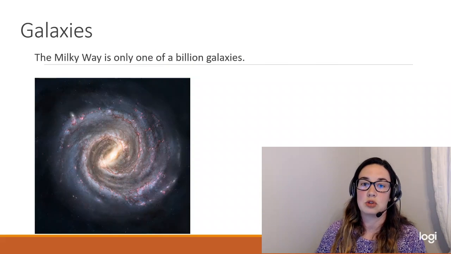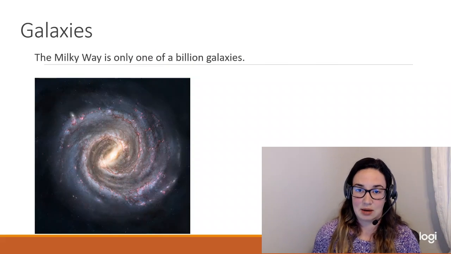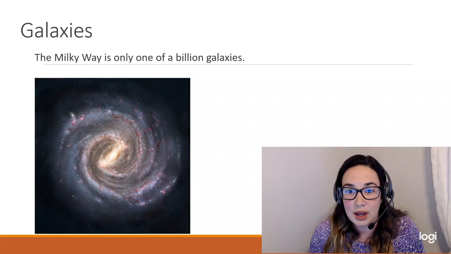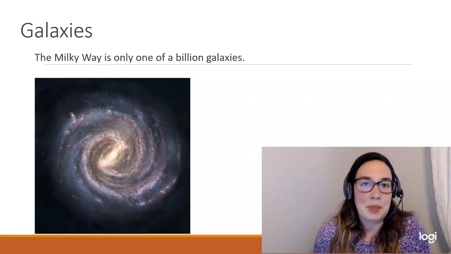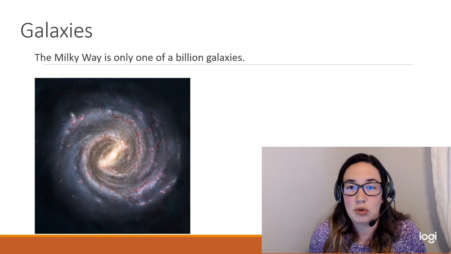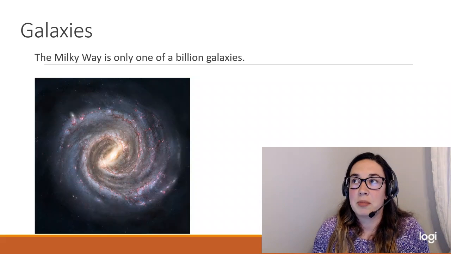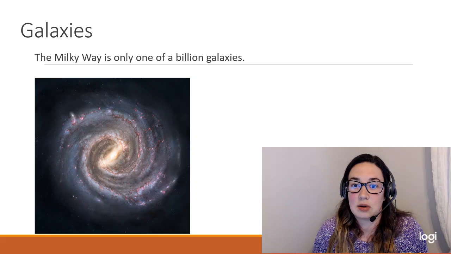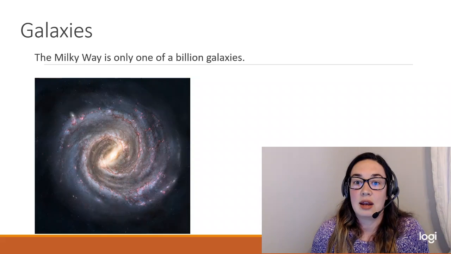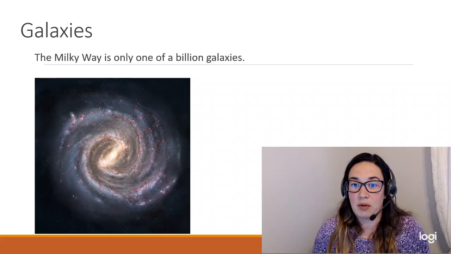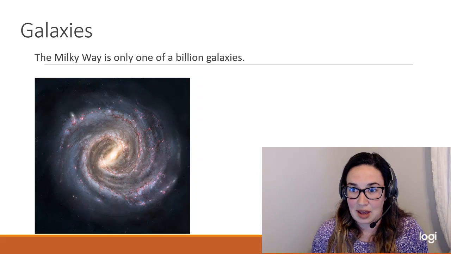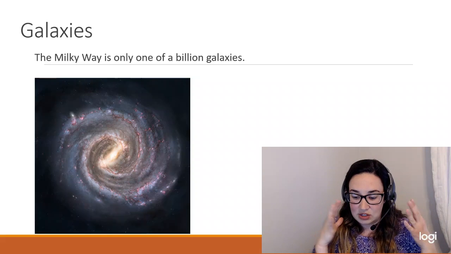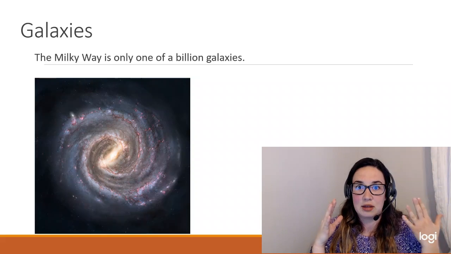Space is super vast and expansive, and so the Milky Way is only one of over 1 billion galaxies that exist. So if you think about it, if the Milky Way has 400 billion stars in it, or over that, and the Milky Way is only one of 1 billion galaxies, and each of those galaxies has over 400 billion stars, it just blows your mind how big space is.